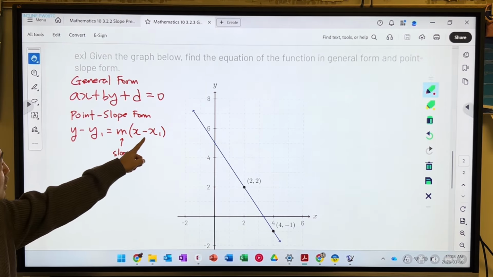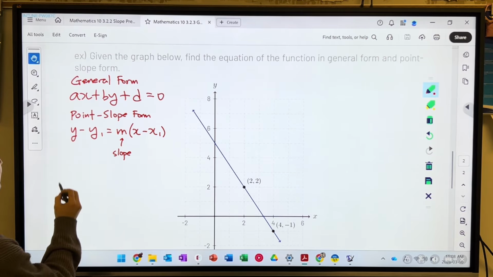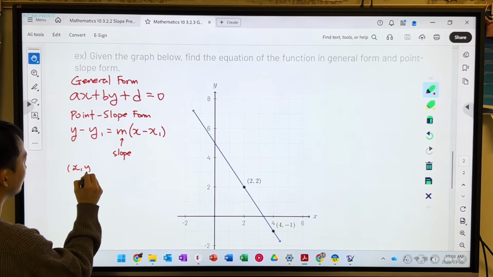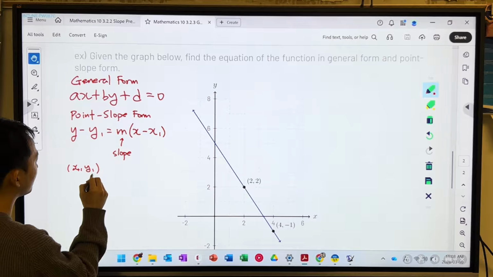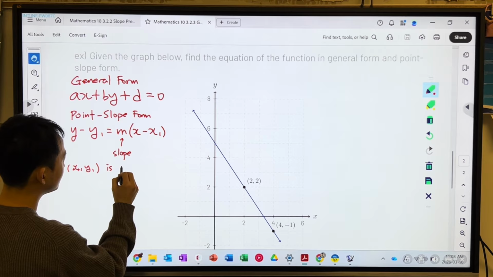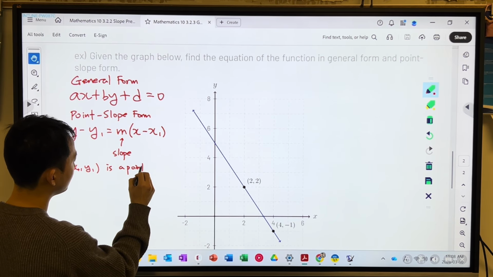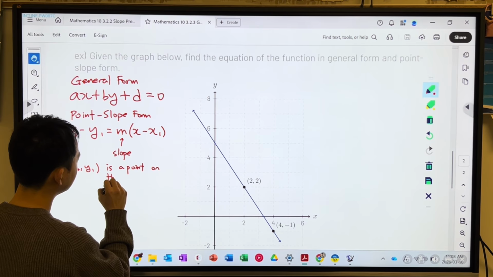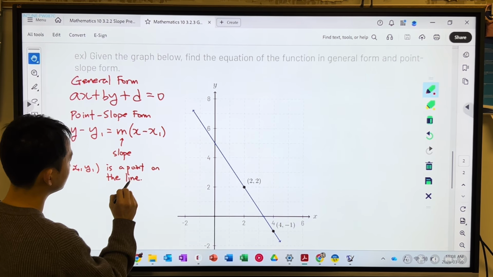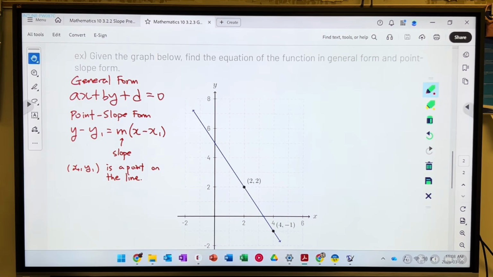And it has this weird x1 and y1. The x1 and y1 is a point on the line. So if I know a point on the line, I can automatically write down the x1 and y1, and I need to find the slope.